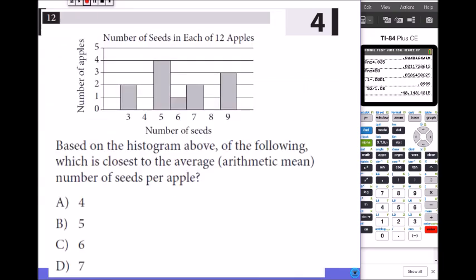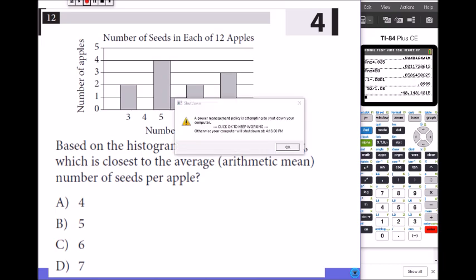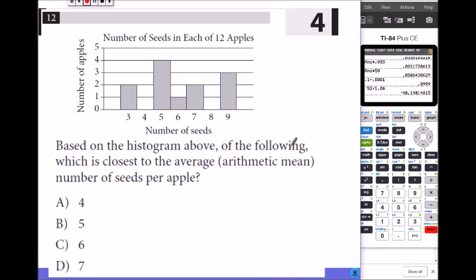Number 12. Based on the histogram above, which of the following is closest to the average number of seeds per apple? So there are three seeds in 2 apples, right?